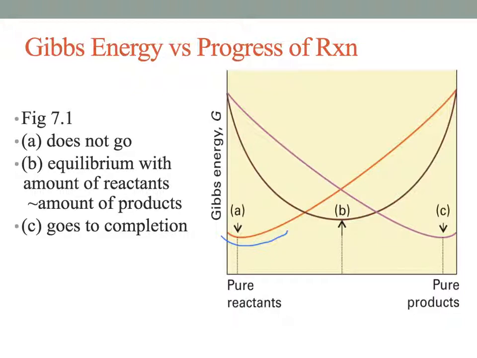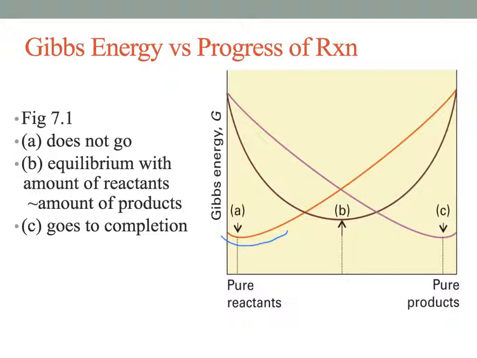Curve A would be a graphical representation of a reaction that we do not expect to go very far. You can see here that in curve A, the minimum value of delta G occurs over here to the left. And on the left side, we know that this side is representative of mostly reactants in the reaction mixture.